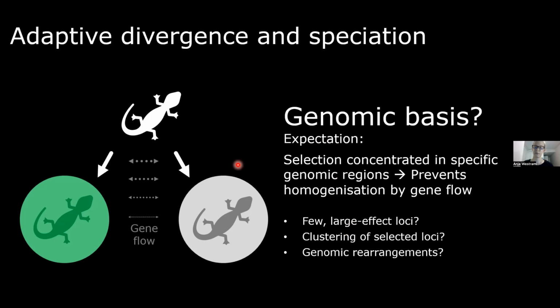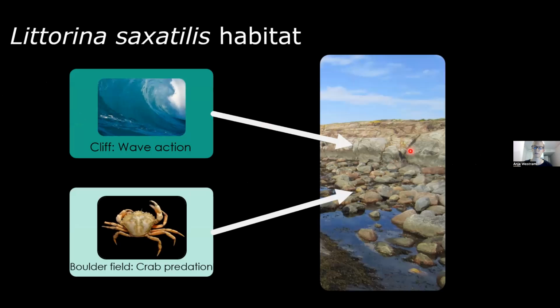These are the kinds of questions I first addressed a couple of years ago in the snail system that I'm working on, and I'm going to introduce that system to you now. The snail that I'm working on is called Littorina saxatilis, and it's a marine, or intertidal, system that occurs on rocky shores that looks something like this.